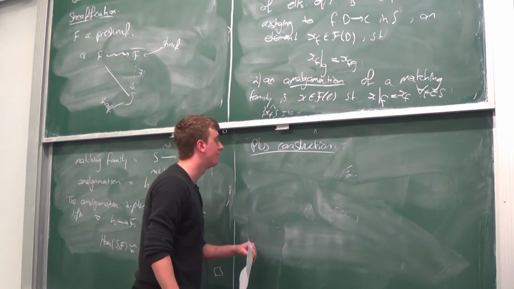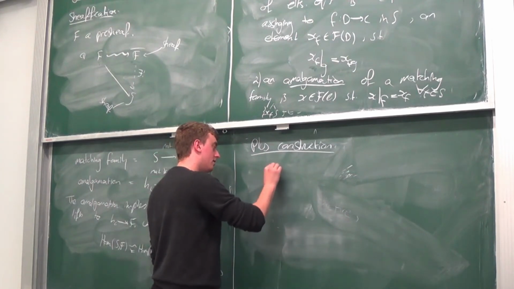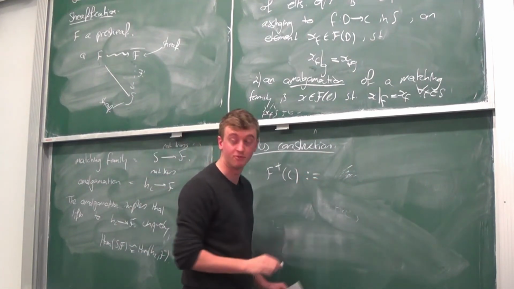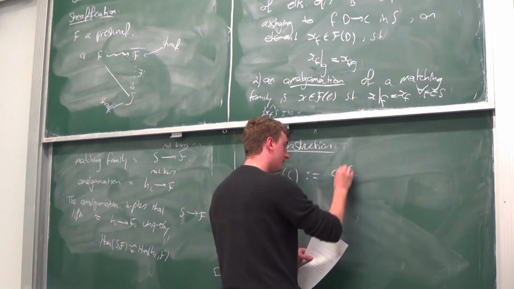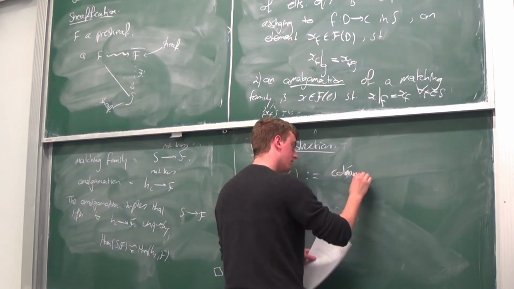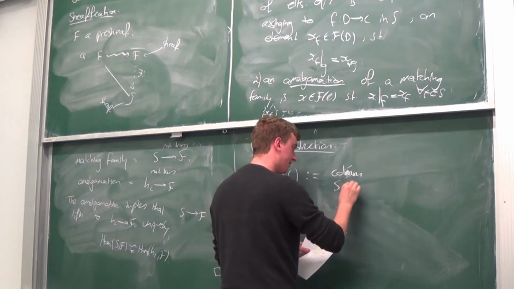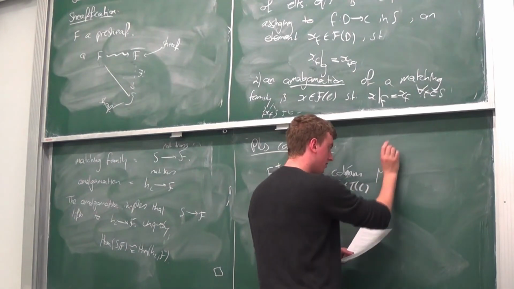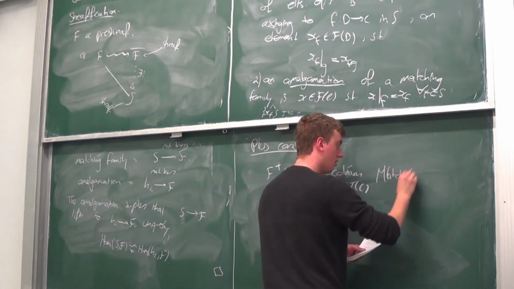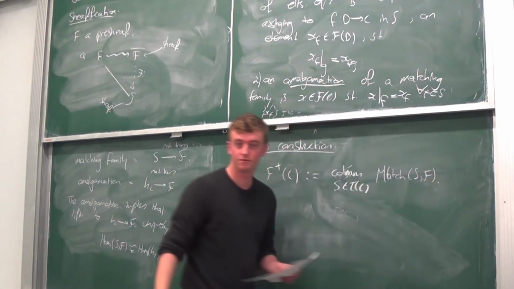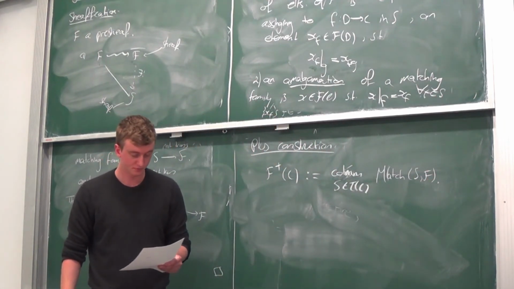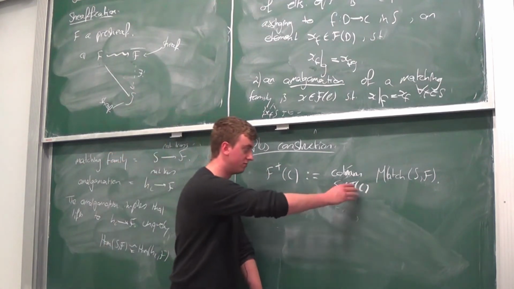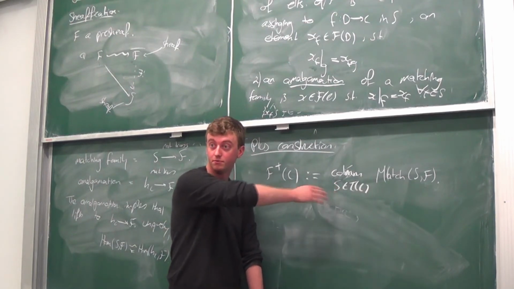So with F being a presheaf on some site, we define F plus at C, and bear with me for a moment here, to be the colimit over all covering families of C of the set of matching families of S with F. Explicitly, this colimit is taken under the reverse ordering of these covering sieves.